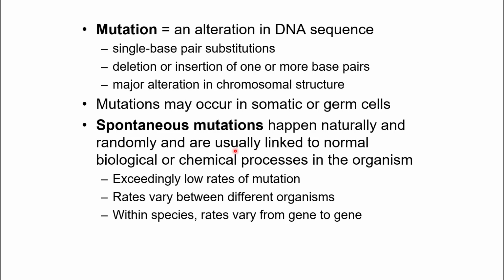A couple other notes that we should make about mutations is one, that they are actually exceedingly rare in most organisms. So we have a very low rate of mutations. Every time we copy, there's a small number of base pairs that may acquire a mutation, but it's very small. Those rates can differ between different organisms. And even within the same organism, rates can vary from gene to gene.